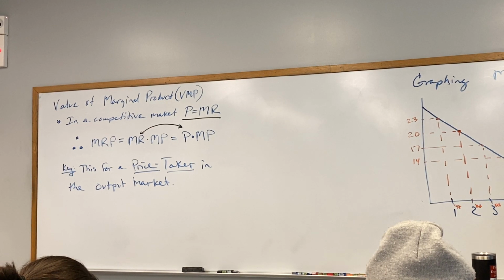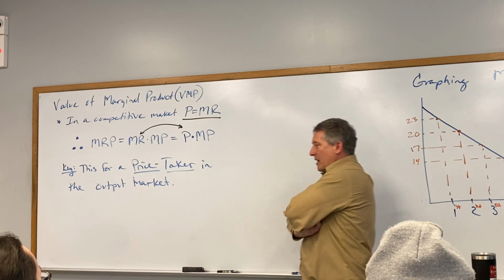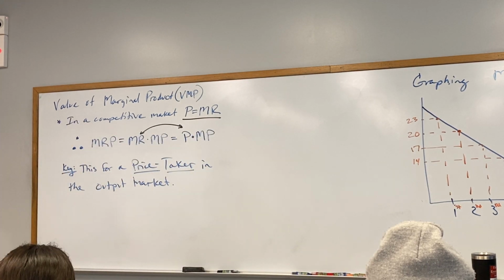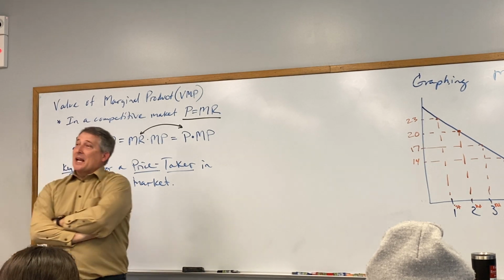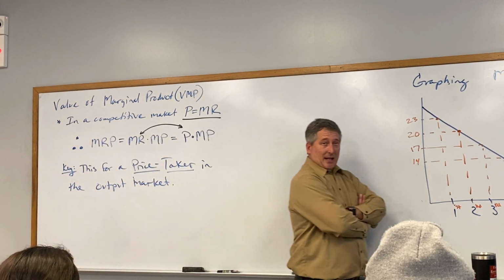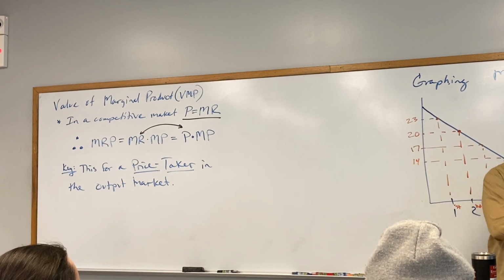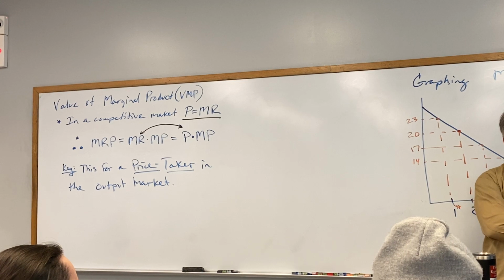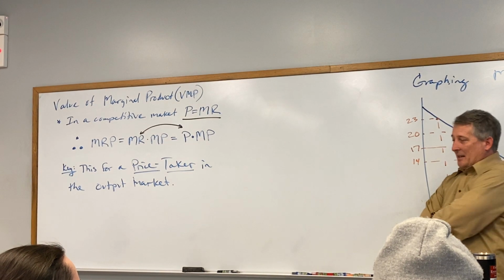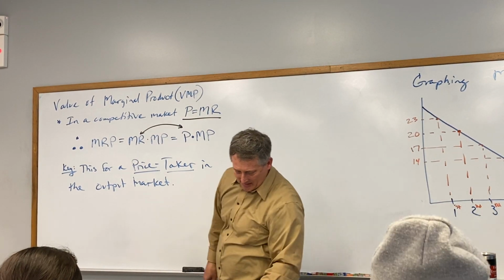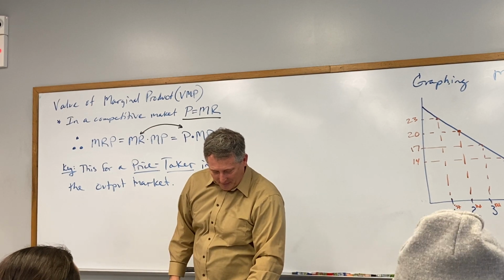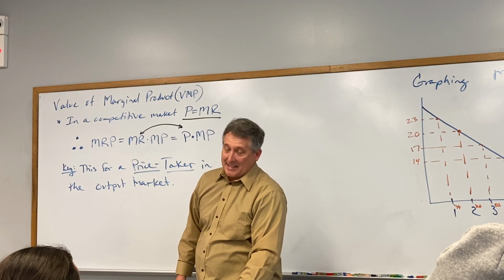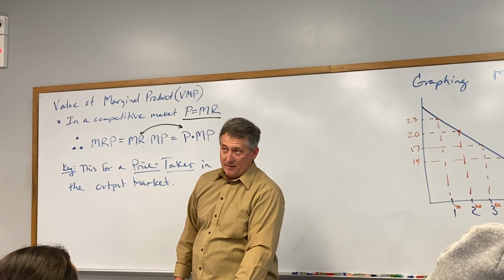So your book has a nice little insert here on the NBA. Who makes more money? Players in the NBA or players in the WNBA, the women's NBA? The NBA. By a little or a lot? A lot, right? So they said, now this was for Steph Curry, the top player in 2019 at $40 million for that year.